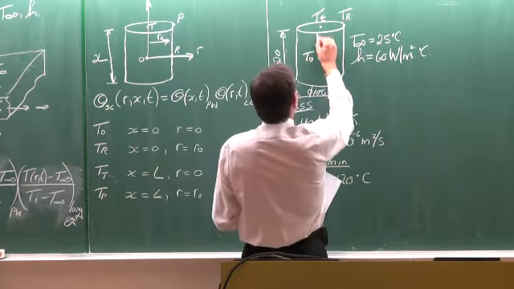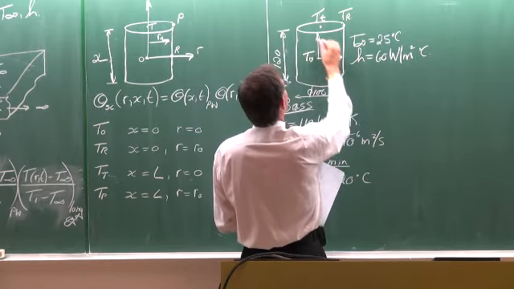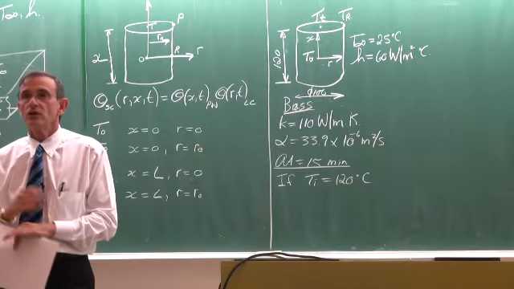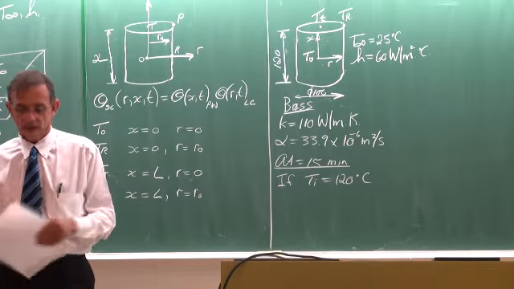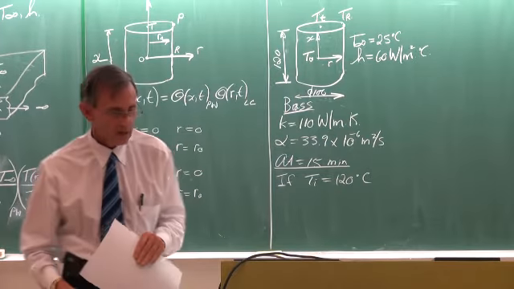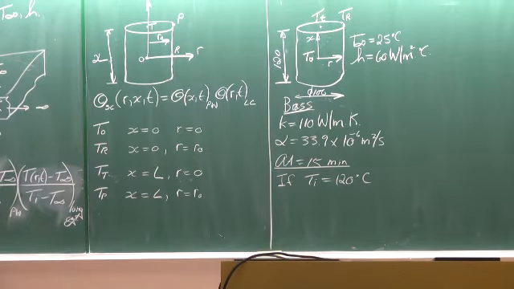Okay, now look at the coordinate system. The coordinate system looks like this: X in that direction and R in the radial direction. While you finish getting all that information, I would just like to clean the board.